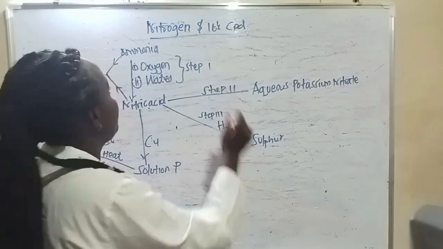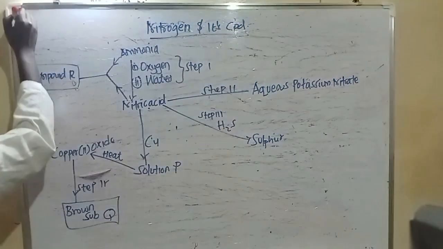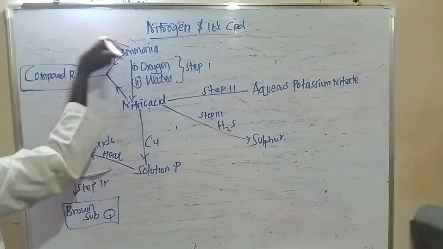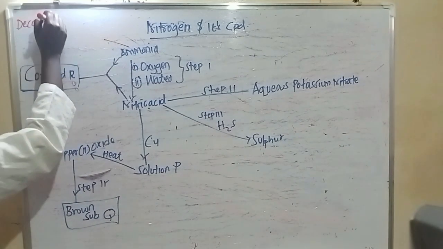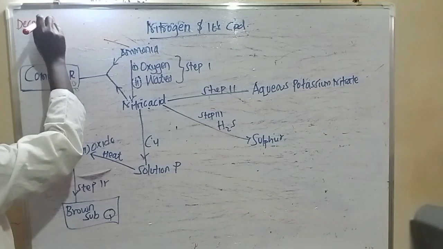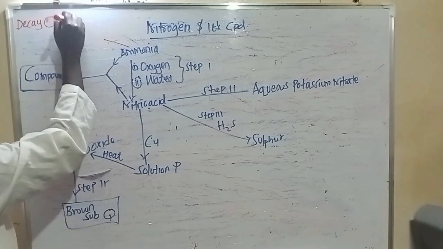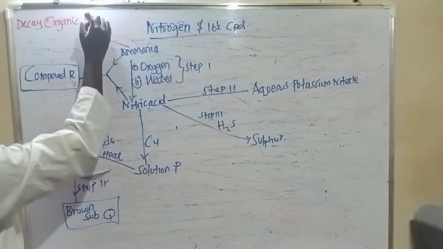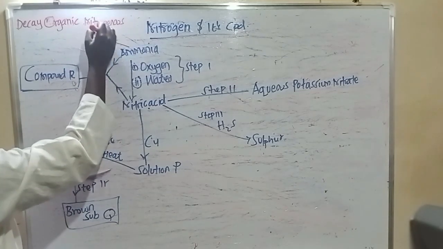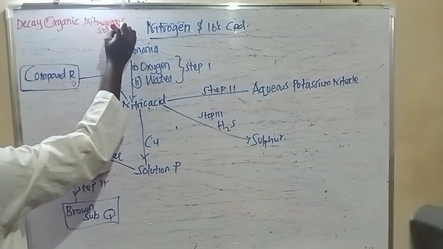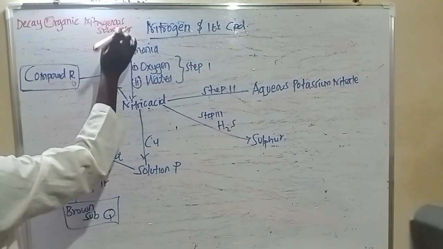Can you see here? By decaying organic nitrogenous substances, or materials. That is one method of forming ammonia.